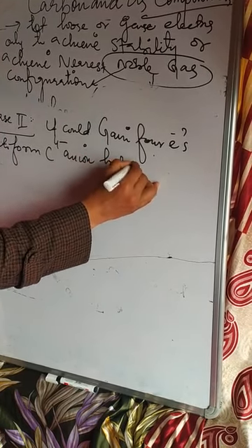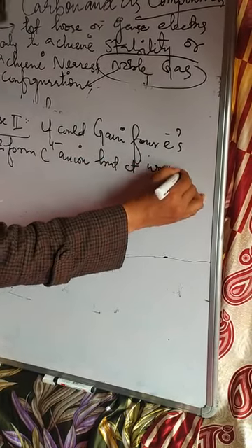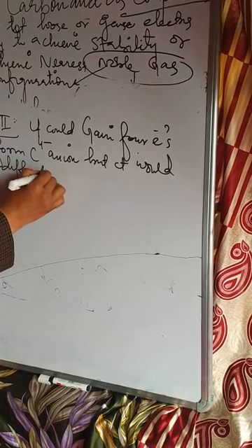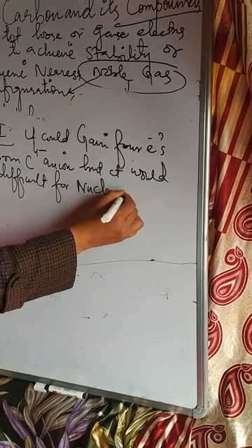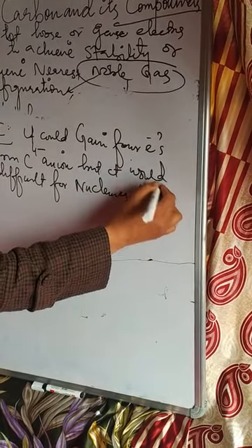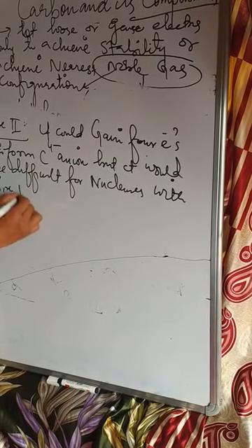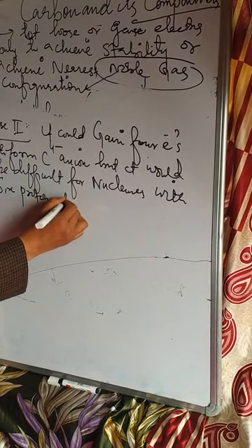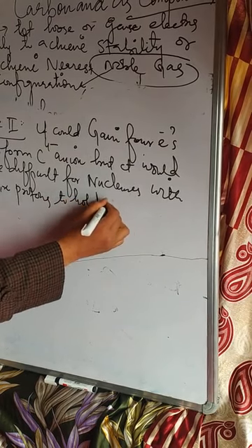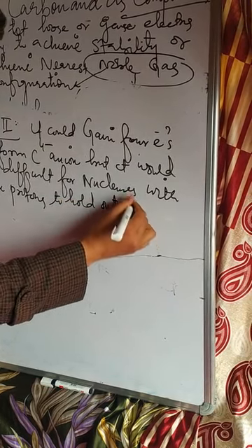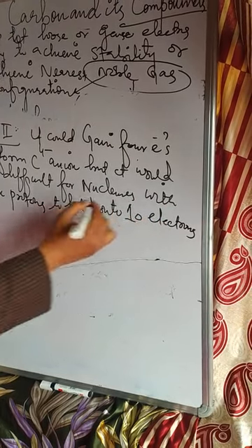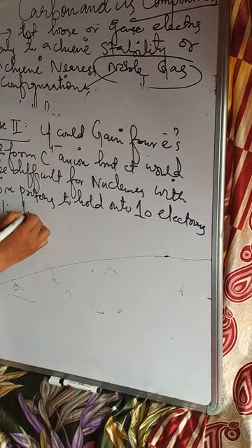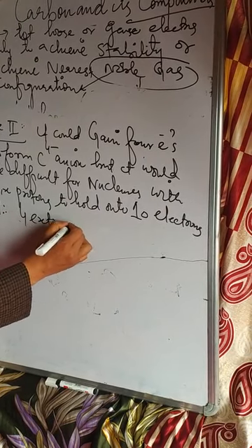But it would be difficult for the nucleus with 6 protons to hold on to 10 electrons. That means 4 extra electrons.